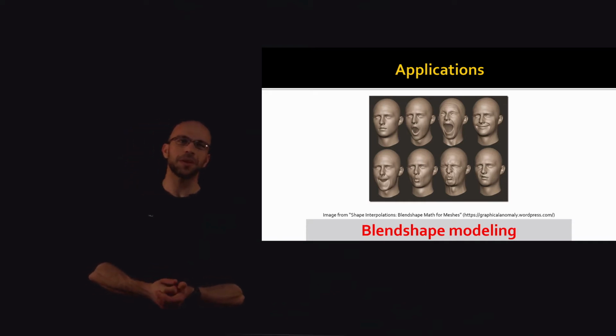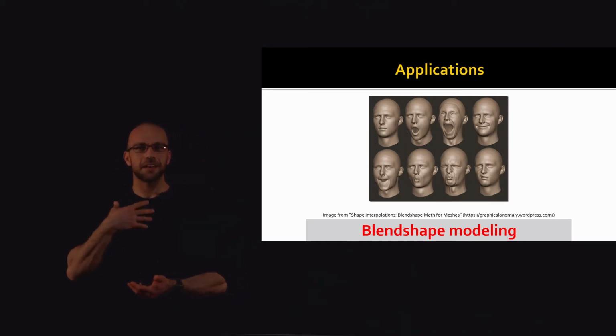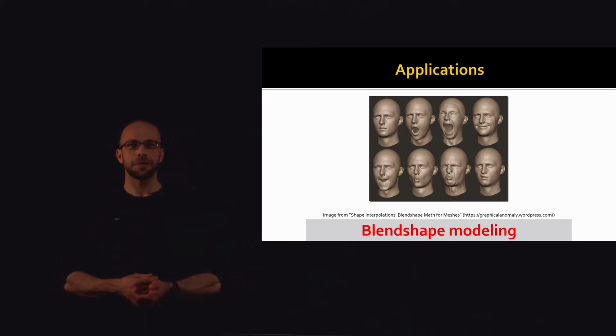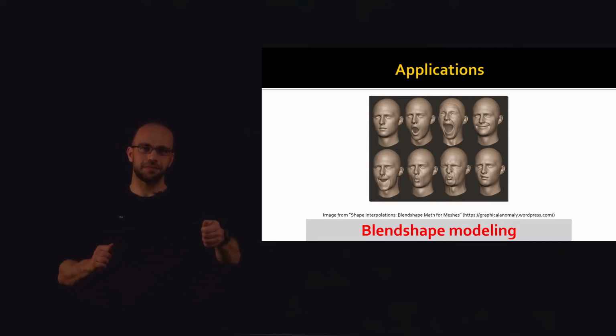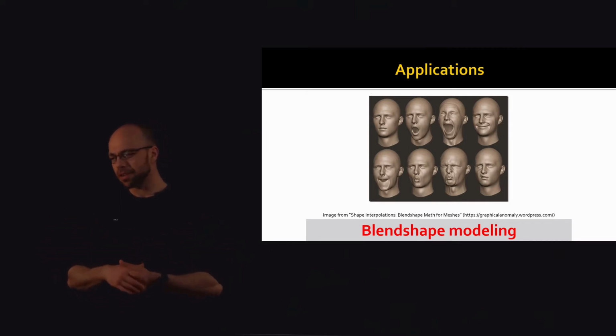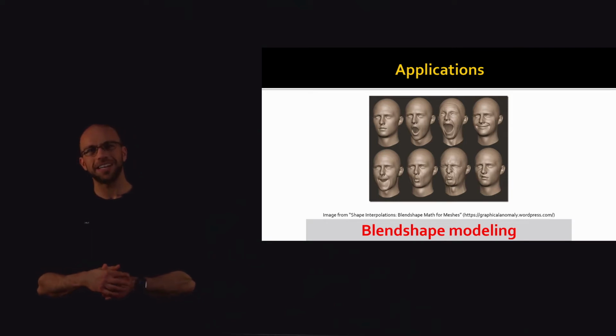There are many different ways that you might do that. One way would be to take many 3D scans of the same person's face, making different poses, like what you see on the slide here. Another might be to have an artist take a character and pose them many times, or come up with different character variations or even anatomical variations of their face.